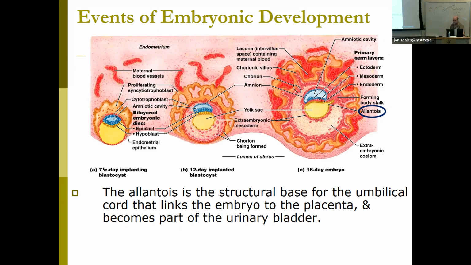But it's essentially a waste reservoir. So it becomes this waste reservoir serving the purpose of basically holding nitrogenous wastes where they can be absorbed into the placental blood flow. And it basically will end up being part of the urinary tract.